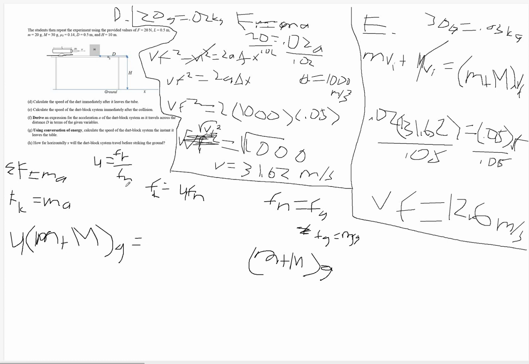But again, the mass of the dart block system is just the mass of the dart, lowercase m, plus the mass of the block, capital M, in parentheses, times A. Now if we look at both sides, we can divide both sides by m plus capital M. So they cancel each other out, and we are left with mu g is equal to a, acceleration.